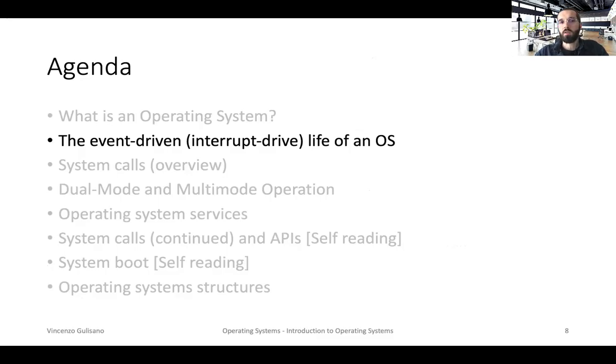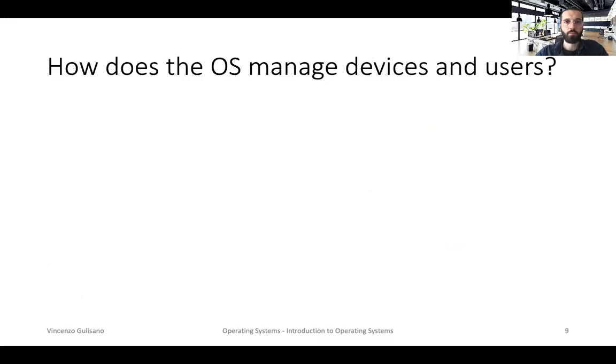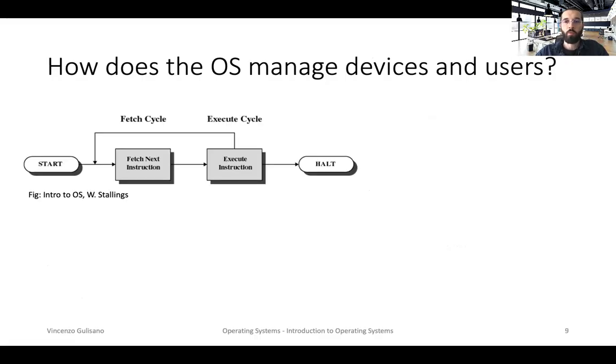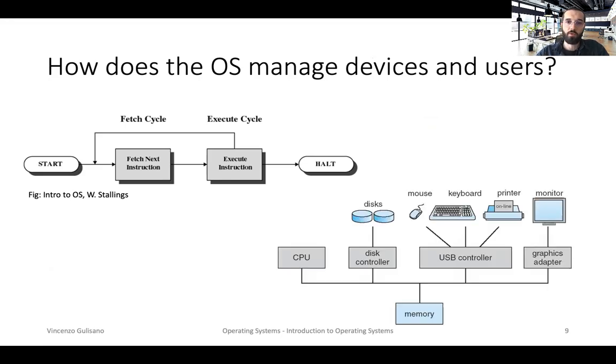Now, what is the normal life cycle of a computer? So, put it in another way, how does the operating system manage devices and users? This is what I showed you last time, and I said that you have a very fast brain in your machine, but it's pretty stupid. It just takes the next instruction and runs it, okay?